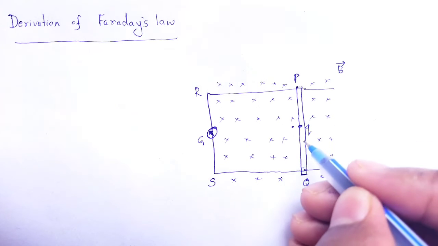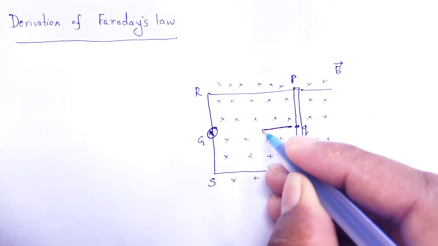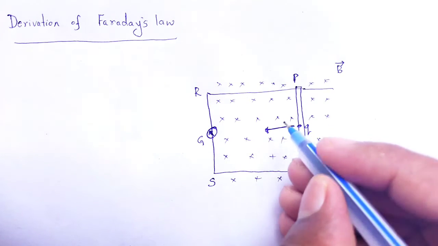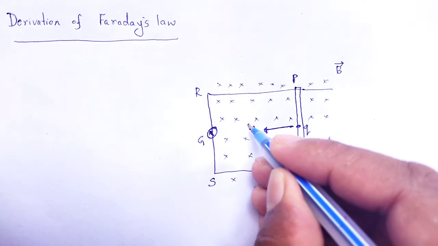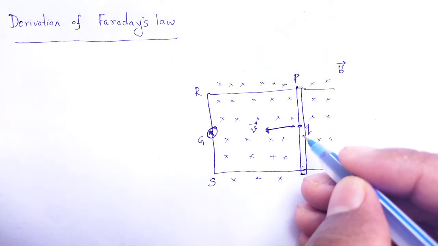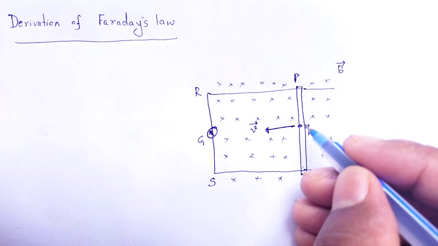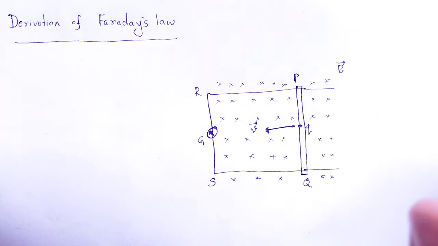When that rod PQ moves towards left with the velocity v, then that charge q will also be moving with velocity v.